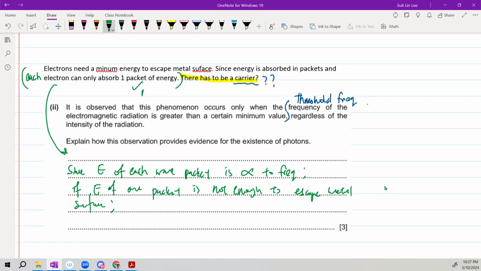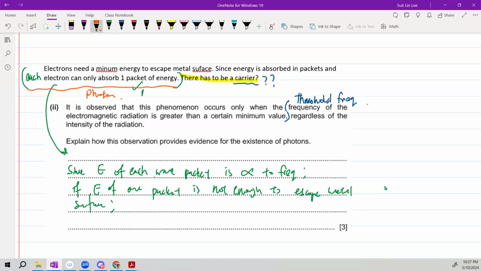So the observation of photon is actually this one. This one already tells me that this is photon already. But you want to complete the story. So electron will be emitted if the energy of one packet is enough.